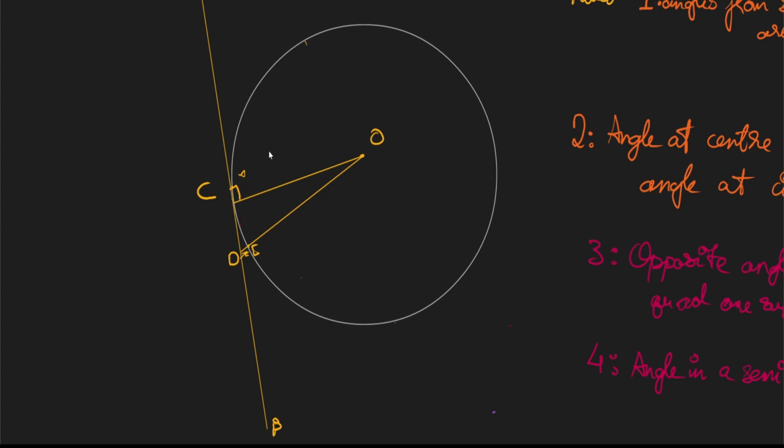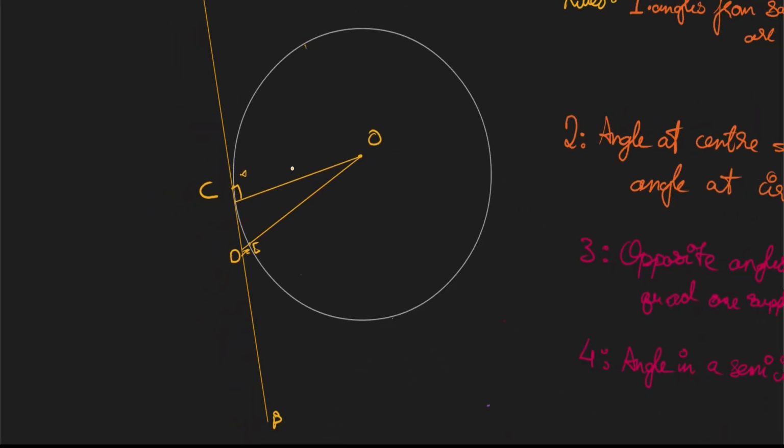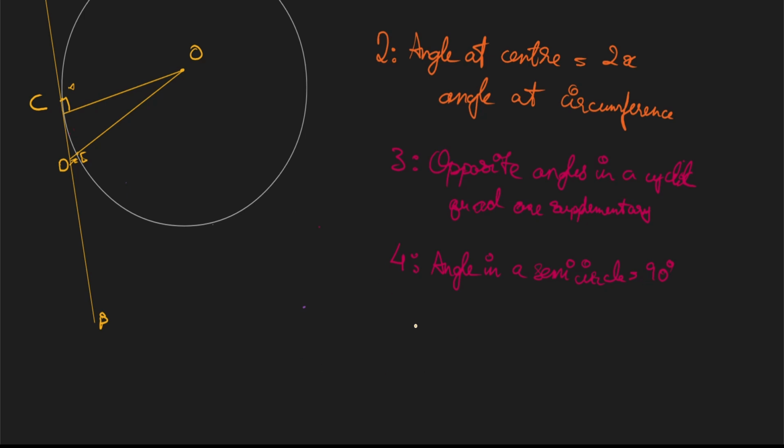So that just proves that angle ACO is indeed the shortest distance, because there is no extra part between O and C. It touches the circle at that one point. So that's our fifth rule. The angle between a tangent and the radius is 90 degrees.